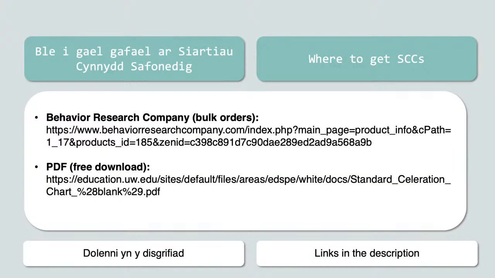You can buy printed versions of this chart in bulk from the Behaviour Research Company. These charts will look the same as the pictures on the following slides. However, please be aware that these need to be shipped from the United States, so shipping costs may be pricey. You can also download and print a free PDF version from the link noted on this slide. The labels at the bottom of the chart are slightly different, but not enough so that you won't be able to follow along with the rest of the training.